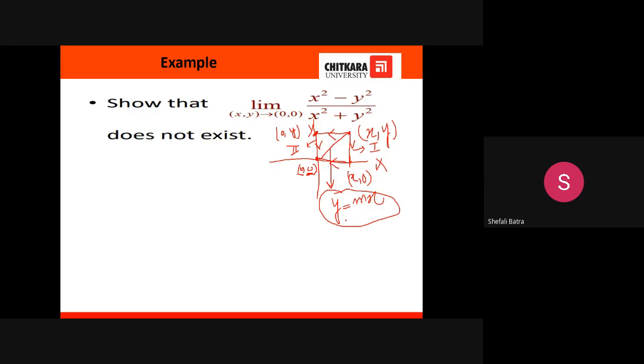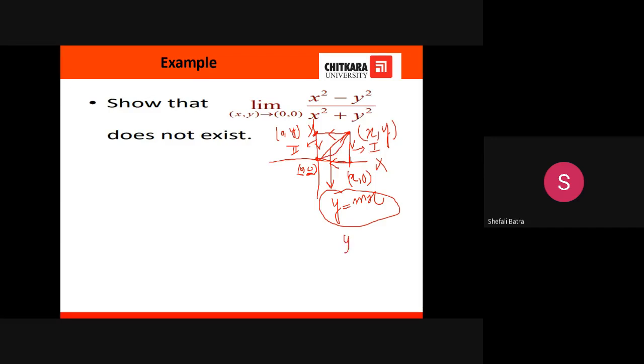Yes or no, beta? Yes, ma'am. है ना? So is there any more possibility? Any other possibility? Okay. Can I move like this? Like this, like a parabola form.